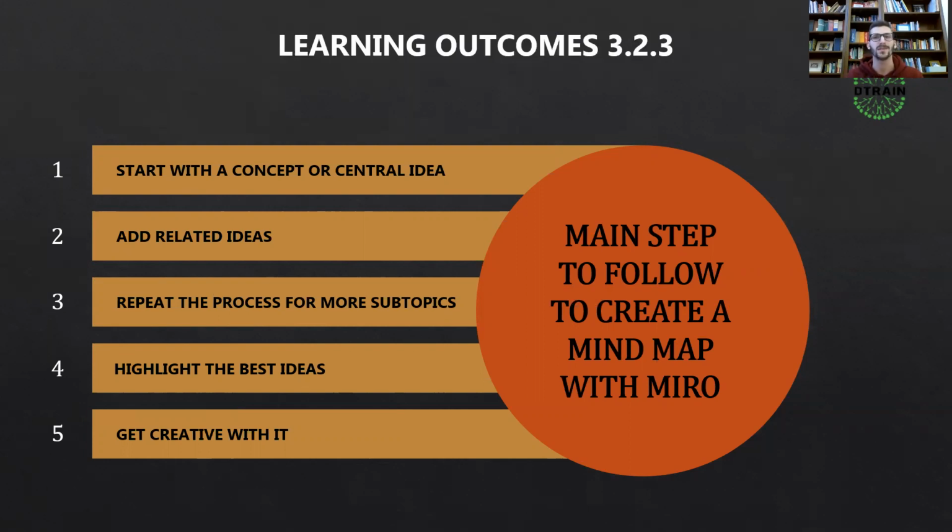Think about what is missing and what can be explained or explored even more. Get creative with it. You don't have to be a designer to create a visually fun chart. Try changing the color and the orientation, or even adding things like sticky notes, pictures, or emoji.